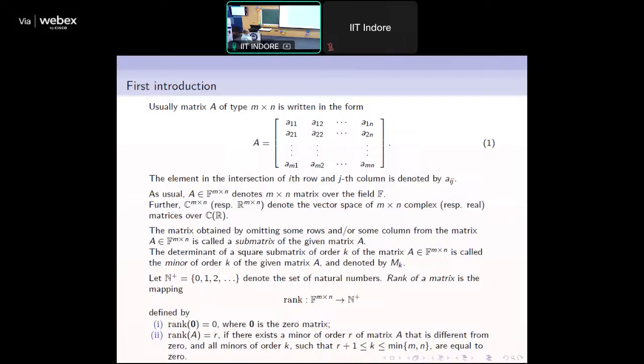We will use standard notation for m times n matrices over a field F. m is the number of rows, n is the number of columns. Mainly we will consider fields given by complex numbers or real numbers.